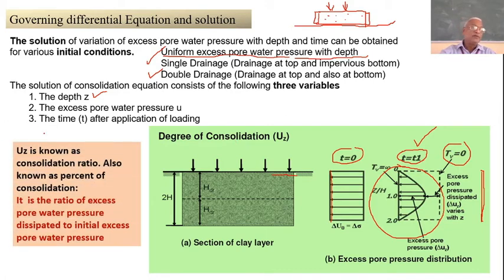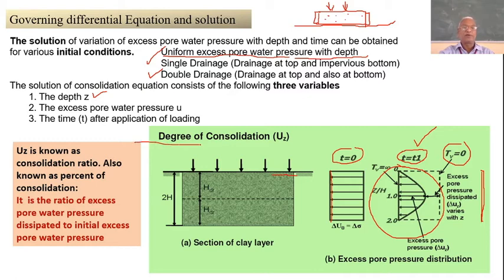Now here U_z is known as the consolidation ratio, also known as percent of consolidation. It is the ratio of excess pore water pressure dissipated to initial excess pore water pressure. So that is used in the equation. It is called the degree of consolidation.